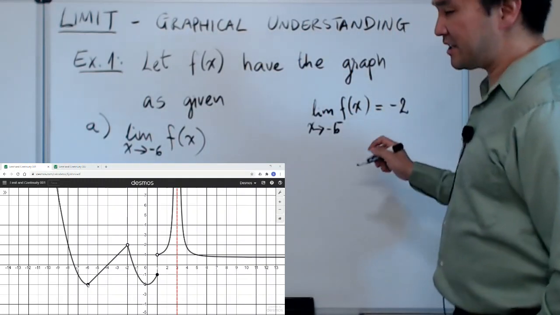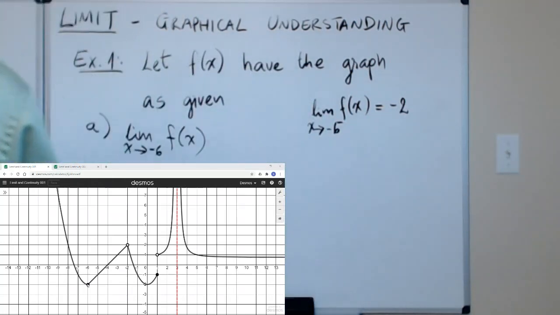And quickly, let's do another one. On our screen here, we're getting closer to -6, but from the right-hand side. So observe my mouse pointer motion again. As I'm tracing along, you can see that my mouse is getting closer to x equals -6, but the vertical height keeps dropping down to -2.